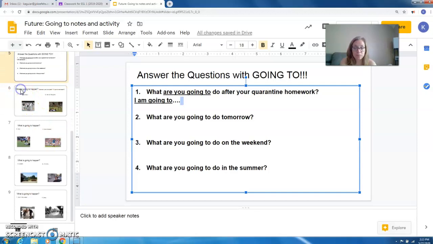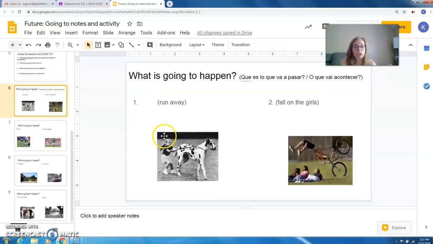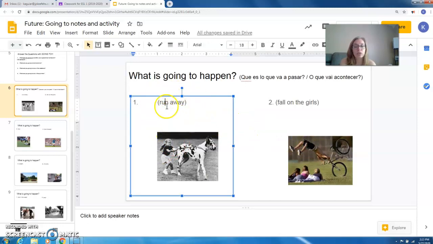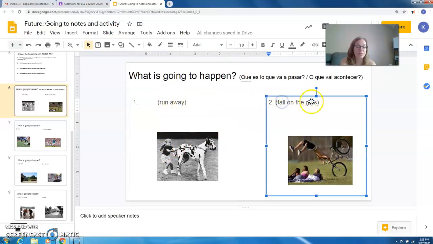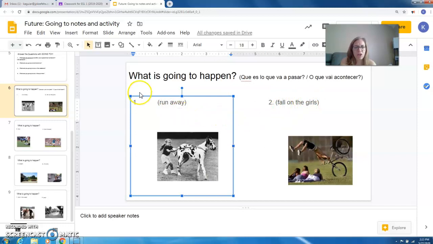Okay, now look at the pictures and use the verbs I give you. So what is going to happen? So guys, what is going to happen next in the picture?